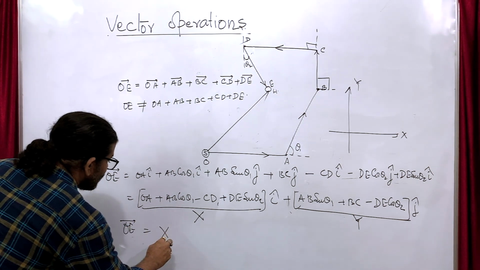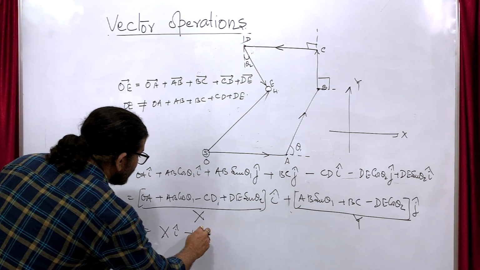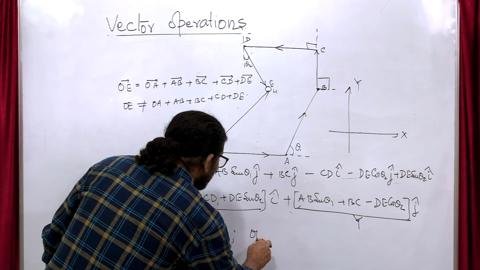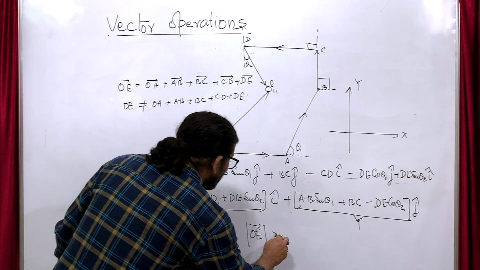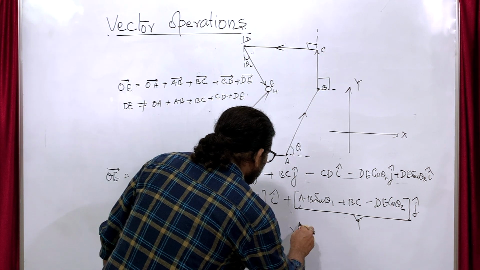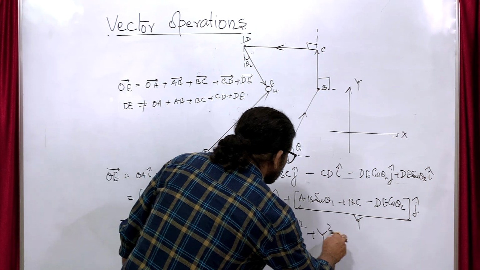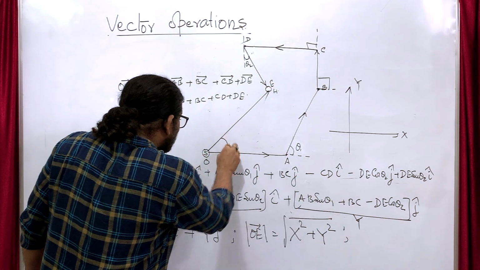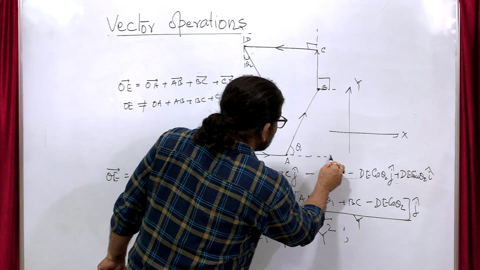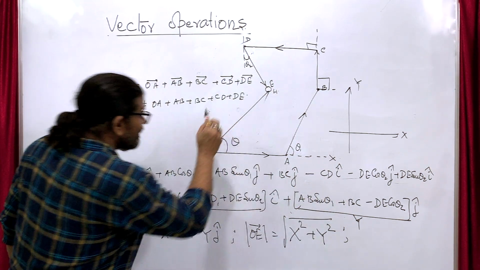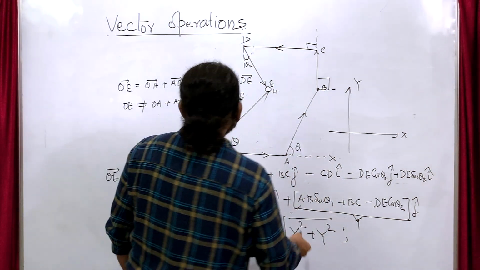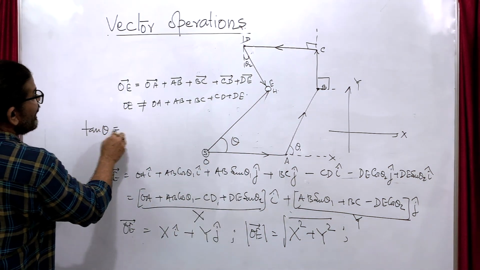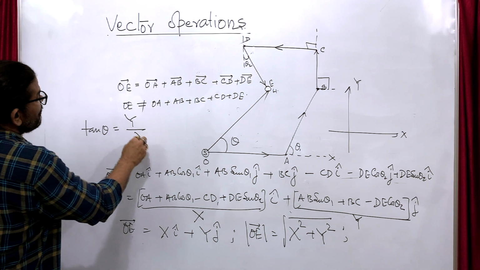So OE can be written as X i cap plus Y j cap, and now the OE magnitude can be written directly as the square root of x square plus y square. And if this makes an angle, because if you have taken this as the reference angle theta, then tan of angle theta can be written as y by x.